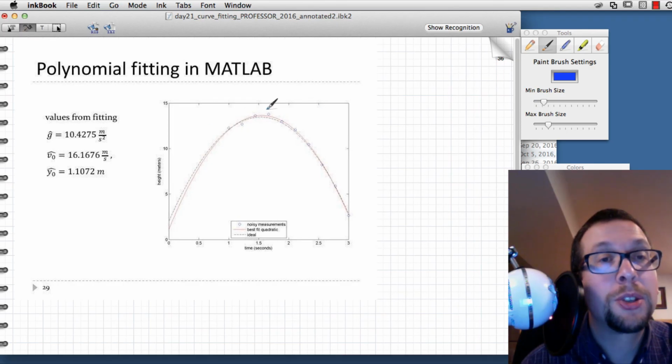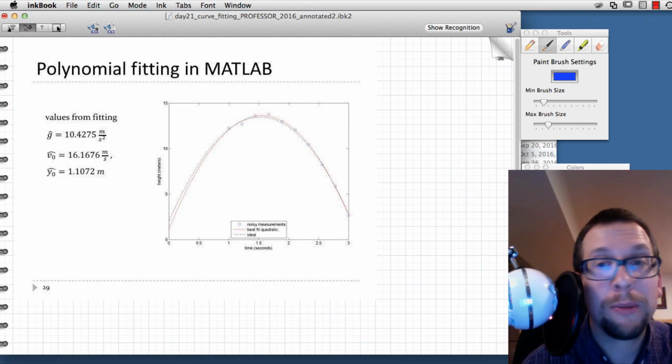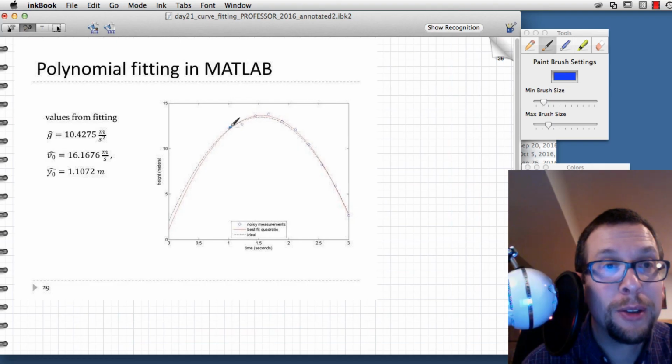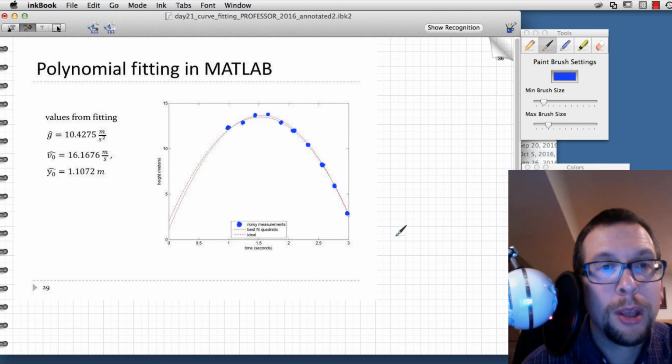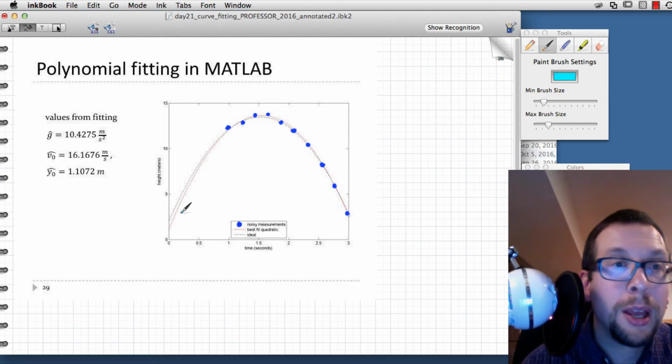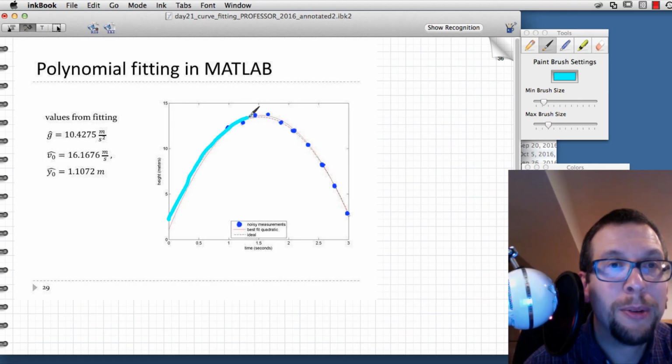So what ends up happening is that I'm going to highlight the original data. Those were our measurements that we took. Then we have an ideal condition, and that ideal condition is that line right there, based on that original equation that we made up.